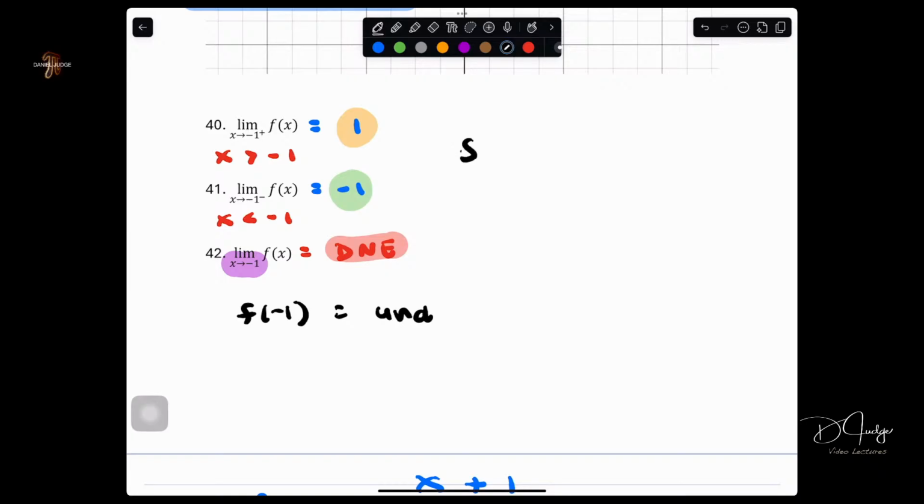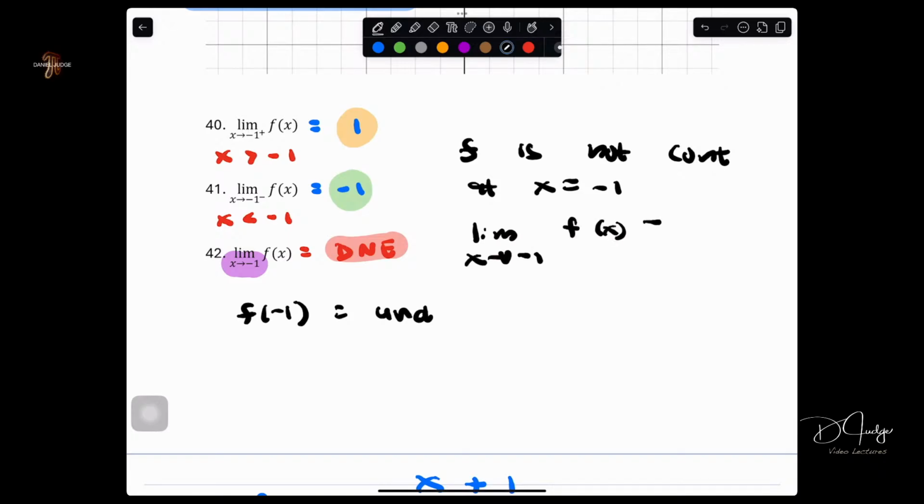So I just want to say this function is not continuous at, very much not continuous at x is -1. Why? Because the limit as x goes to -1 of the function does not equal f of -1.